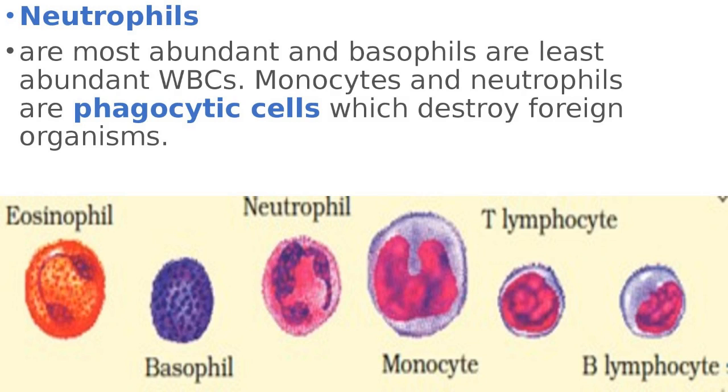If we talked about agranulocytes, then first of all, they do not take any dye. They are divided into two categories, monocytes and lymphocytes.